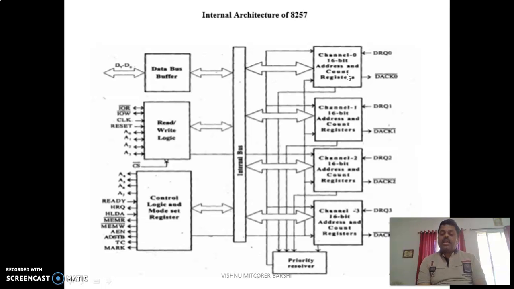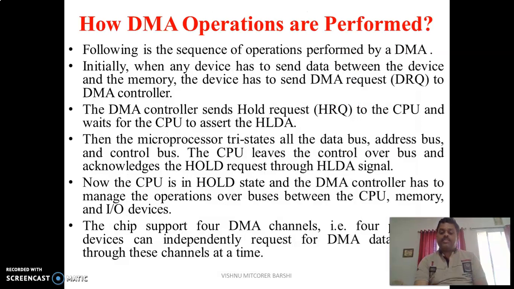DRQ0, DRQ1, DRQ2, DRQ3 are connected to channels 0, 1, 2, 3 respectively, whereas DAC0 bar, DAC1 bar, DAC2 bar and DAC3 bar are connected respectively to these channels.